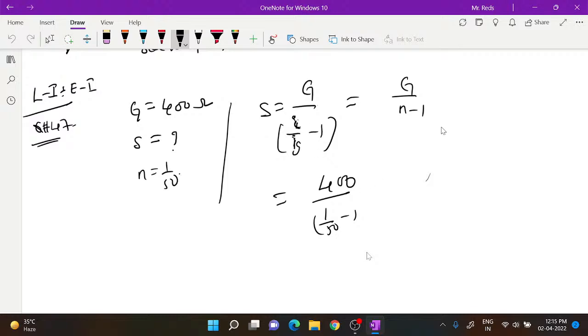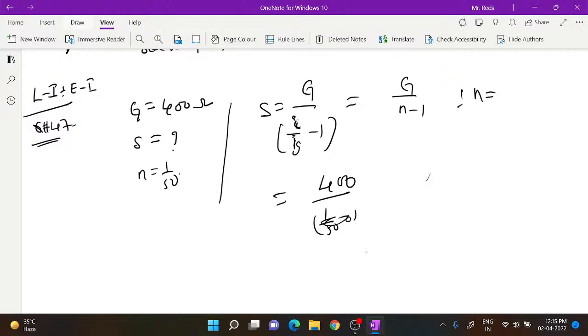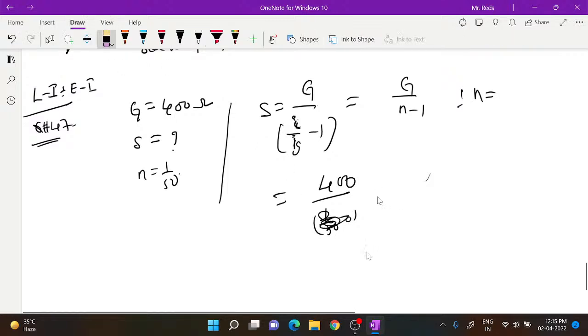N, take it as reduces by 1 by 50 times, means in total 50 times, so 50 minus 1. Sorry, guys, here I have to take this value not N. Sensitivity means I by Ig.